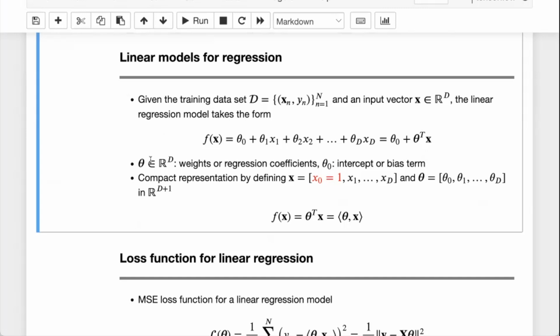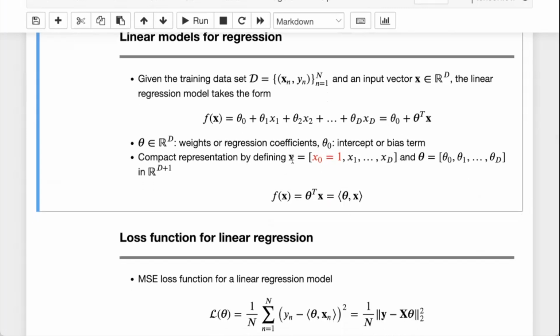The elements of theta we can think of as weights or regression coefficients, and theta 0 is the intercept. We can write this in a more compact form if we assume that this x vector is concatenated with a constant 1, as you saw before in our univariate analysis. In this case, we get a d plus 1 dimensional feature vector and a d plus 1 dimensional parameter or weight vector.